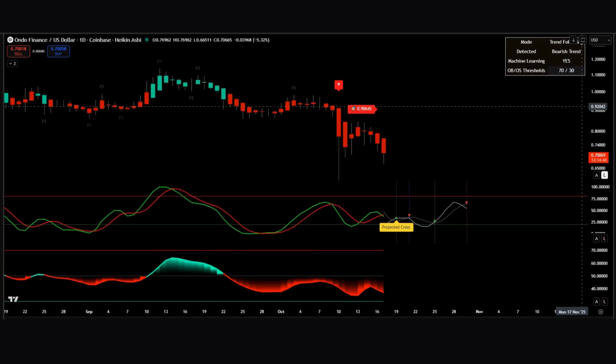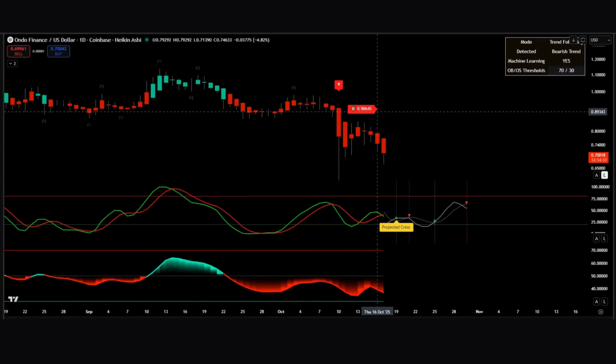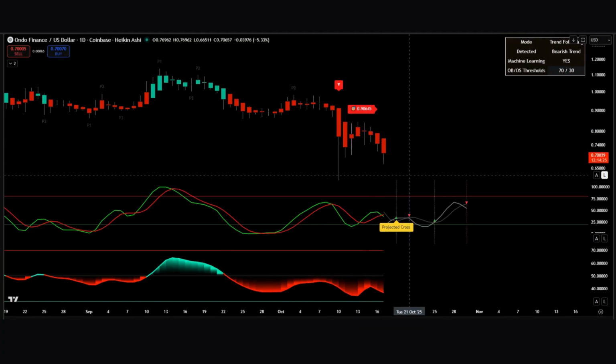Next up is the Lindsay trident, or target balloon. This is a predictive tool that dynamically places a target or resistance balloon based on momentum geometry. Right now, the Lindsay balloon is positioned above price, which means the indicator expects the price to be under resistance and is projecting a higher target that price has not yet reached.